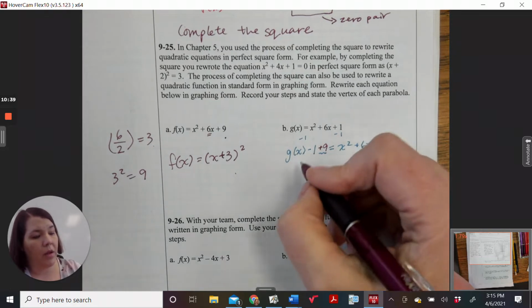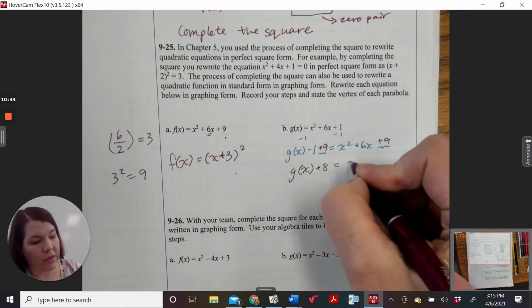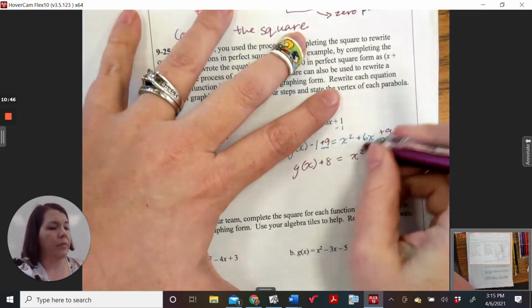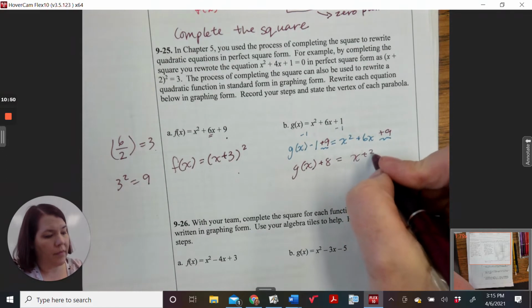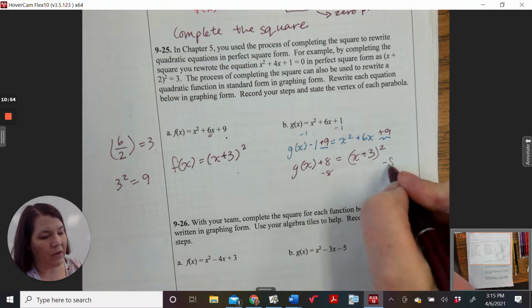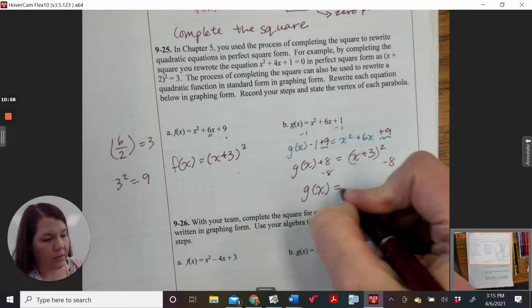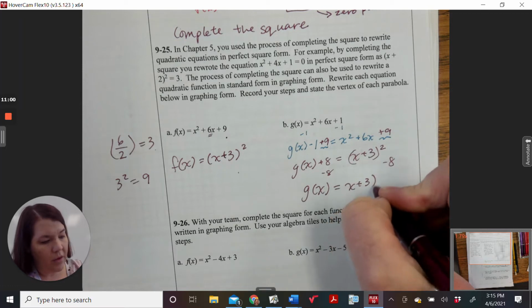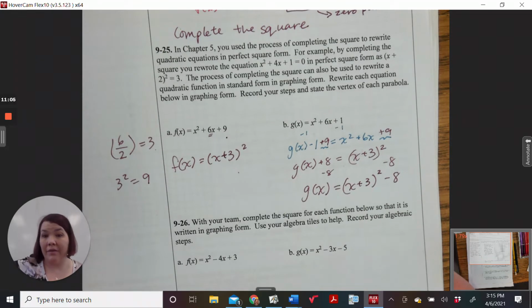But anyway, so we get g of x plus 8 equals x squared plus 6x plus 9, which equals (x plus 3) quantity squared. And then we subtract 8, which is why I think it's kind of a useless thing to move the 1, because I just have to put it back in the end. But it does make it easier to be adding the same thing to both sides rather than trying to add 0.